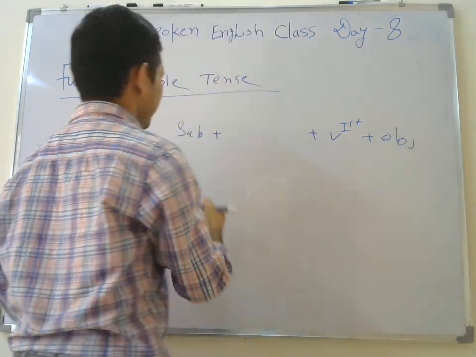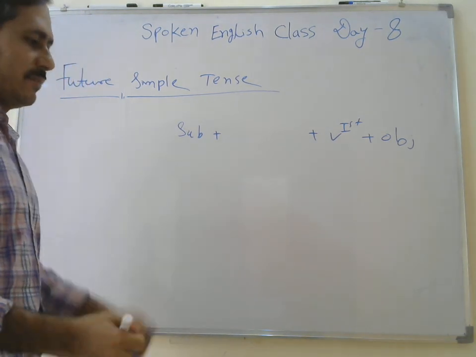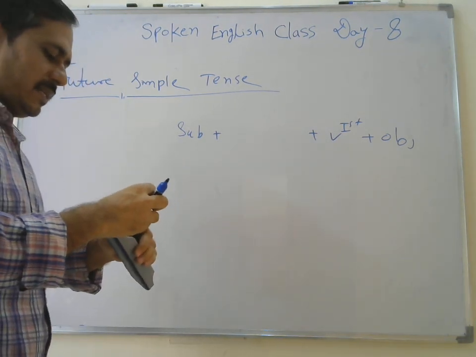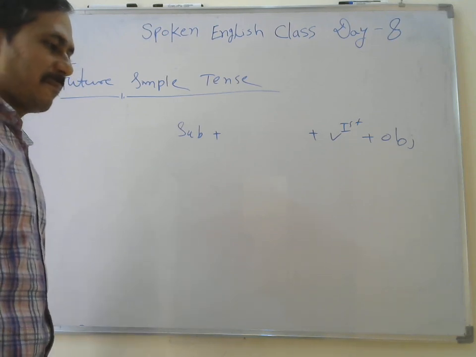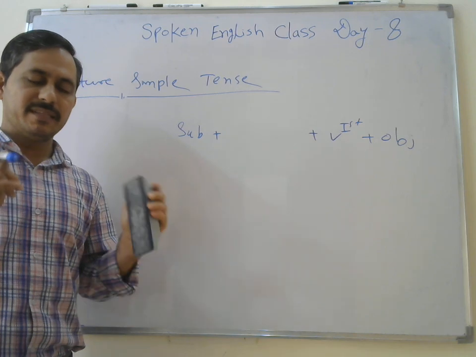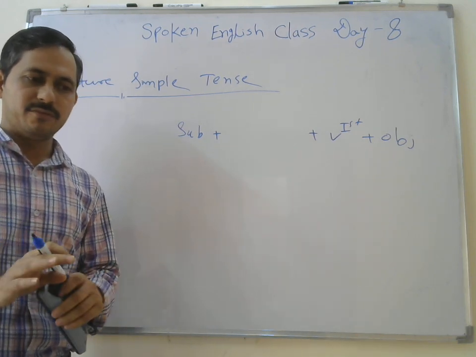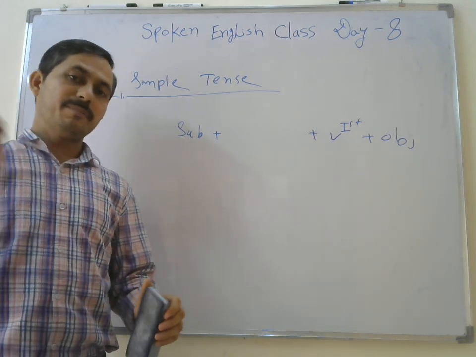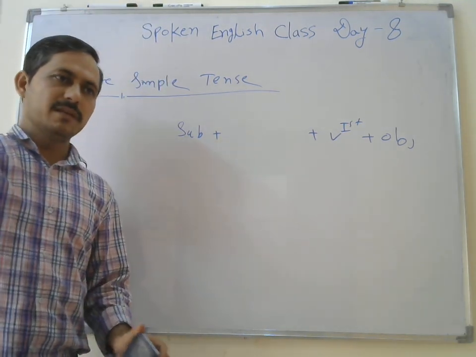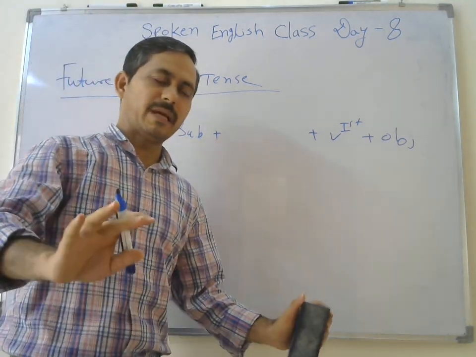So here, friend, see, this is the future tense we are talking about, right? Future tense means some action will be there in future. It's not right now. Right now or in the past nothing has happened. In the future it will happen. In the future some activity, some action will happen.